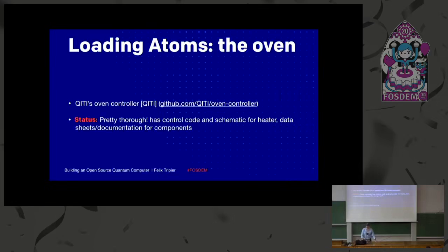So first thing we have to do is we're storing the atoms somewhere, and we have an oven which is going to ionize and release them. For an oven, you can actually use QITI's oven controller. This is freely open source hardware. It has code, it has schematics, it actually has data sheets and documentation. So a very thorough oven controller freely available to us.